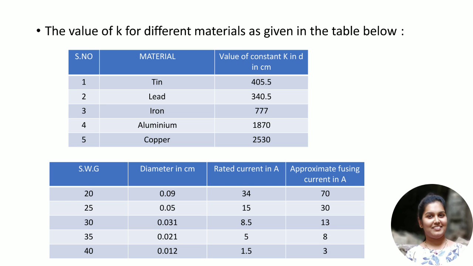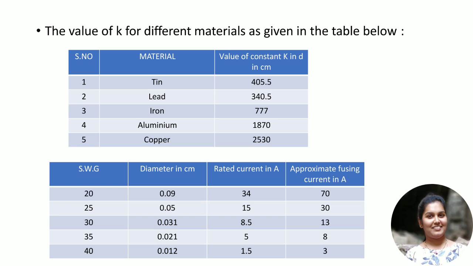In this table, you can see the value of K given for the different materials. For tin, the value of K is 405.5, for another element 340.5, iron is 777, aluminium is 1870, whereas for copper it is 2530.